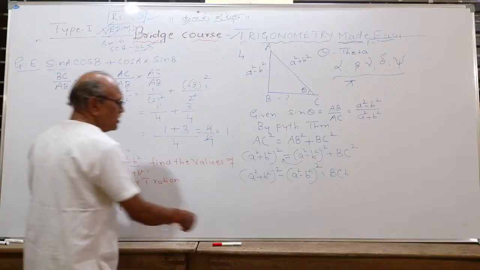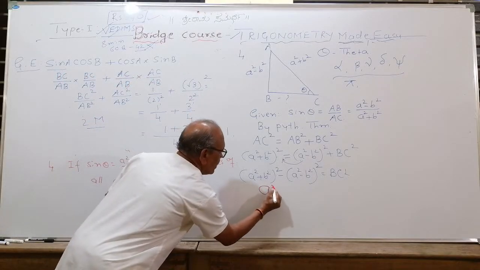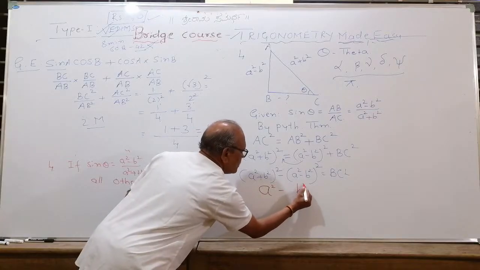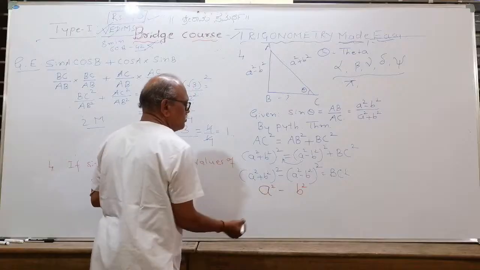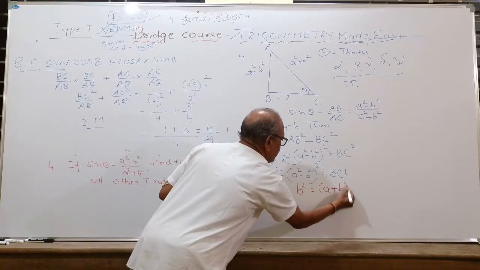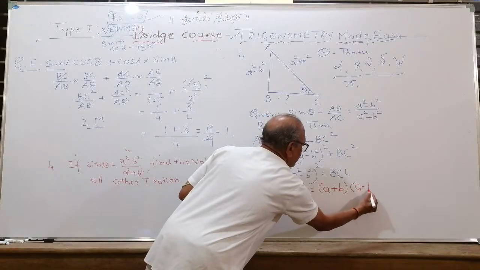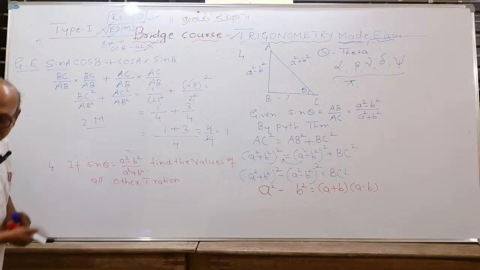Now, won't you observe this one in the form of A square minus B square? Observe. Tell me, what is the formula of A square minus B square? A square minus B square, is it not (A plus B) into (A minus B)? I hope you are getting me.